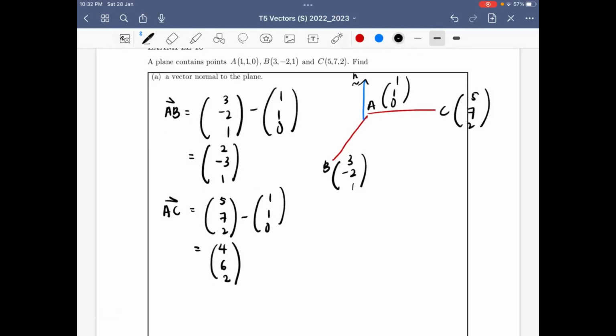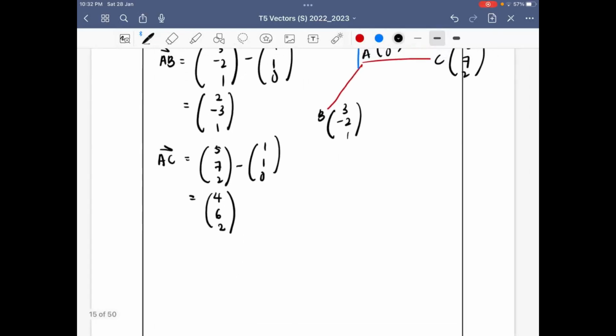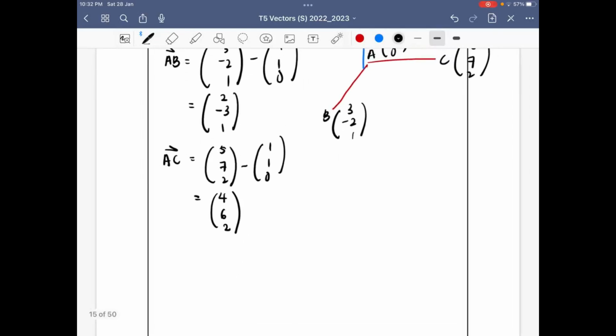Okay, and we cross product that. AB cross AC. So that is our normal vector. Normal vector is equal to plus minus AB cross AC. We want to find a normal vector, not the magnitude of it yet.